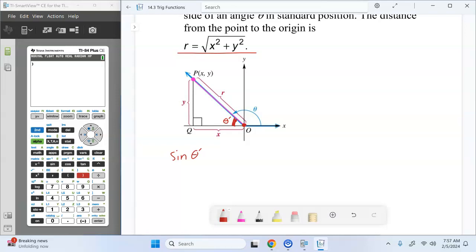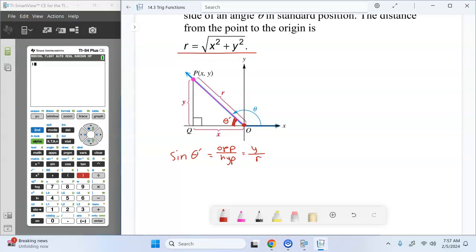What side is opposite of that angle? Y. It's right here. Opposite is y. So if I'm looking at opposite over the hypotenuse, in terms of coordinate grid trigonometry, it's actually the y, and then my hypotenuse side is the r. That's opposite my right angle.